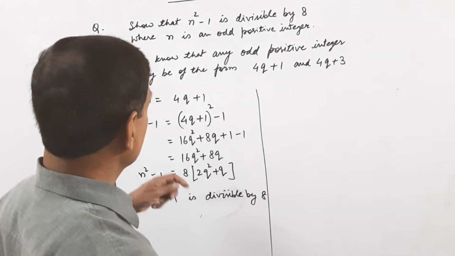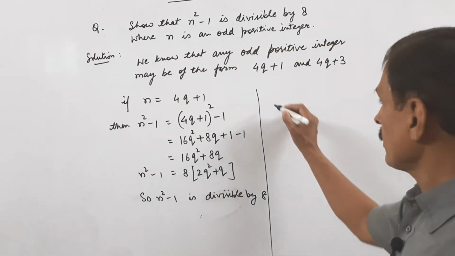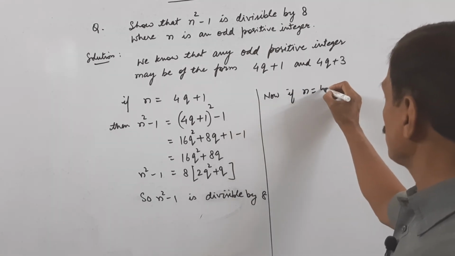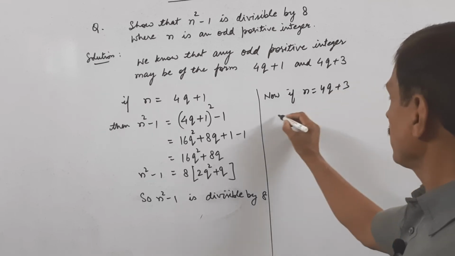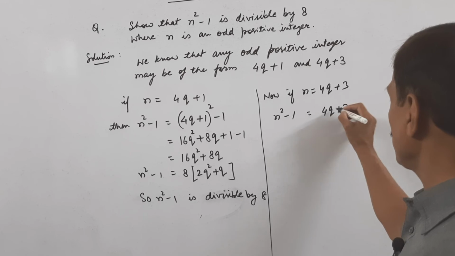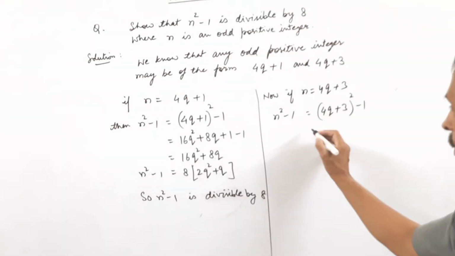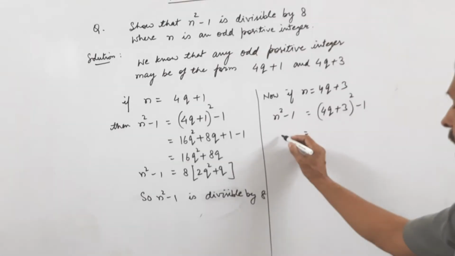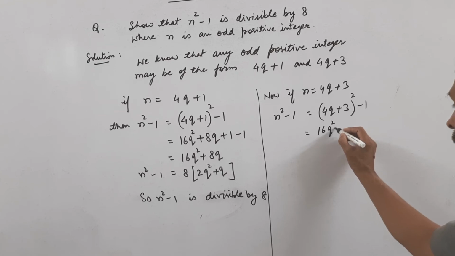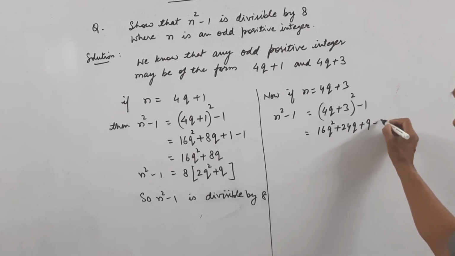Now we consider n is equal to 4q plus 3. If n is equal to 4q plus 3, n square minus 1 is equal to 4q plus 3 whole square minus 1, which further implies n square minus 1 is equal to 16q square plus 24q plus 9 minus 1.